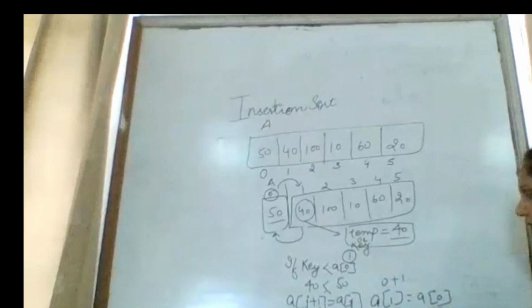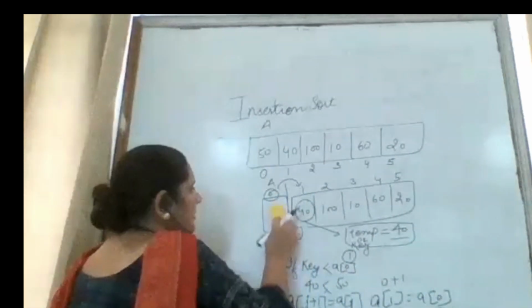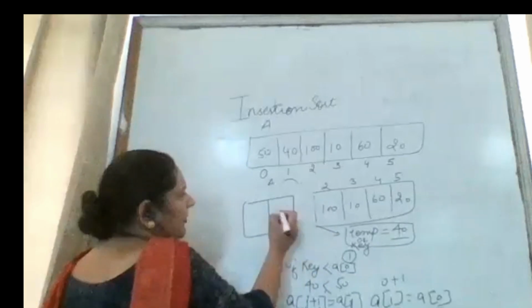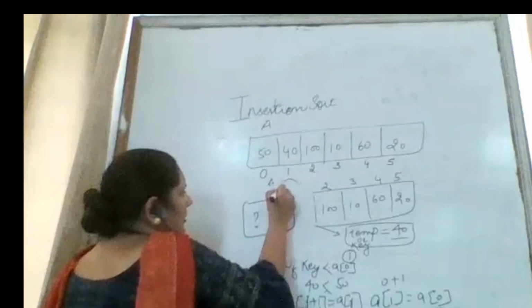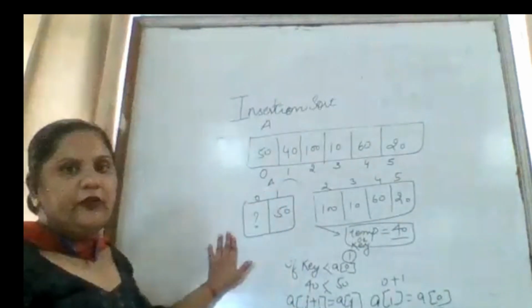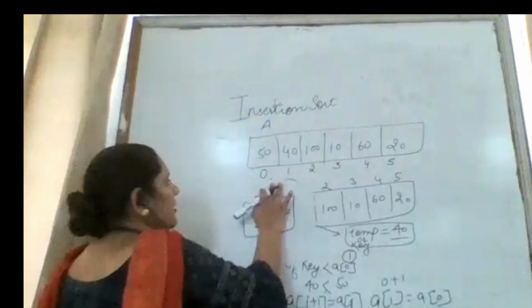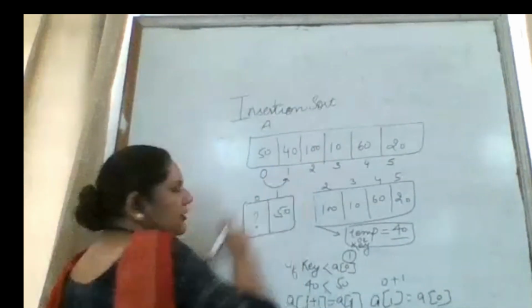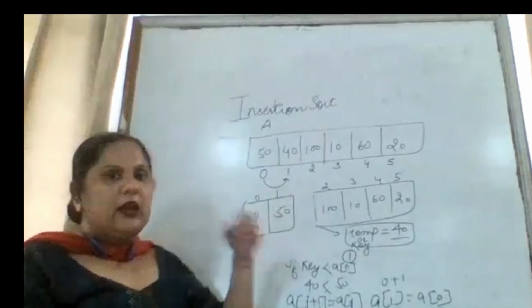So A0 will move to A1. Let's move it. We have taken the element 40, so 50 will move here. See, 50 has moved from position 0 to position 1.